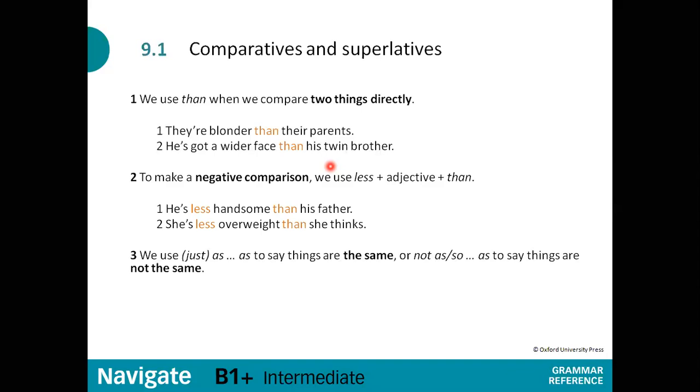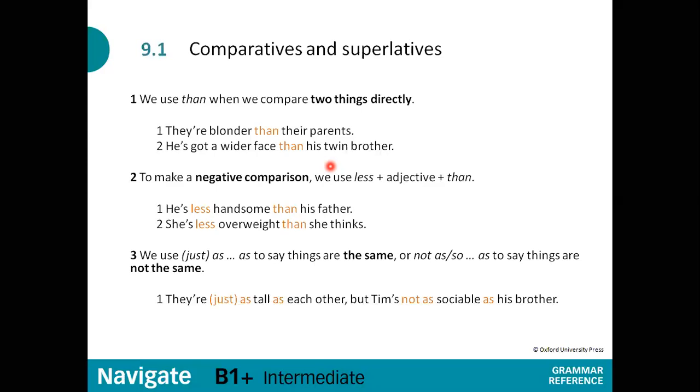And next rule, we use as or just as, so you can drop just here, to say things are the same, or not as, not so as, to say things are not the same.